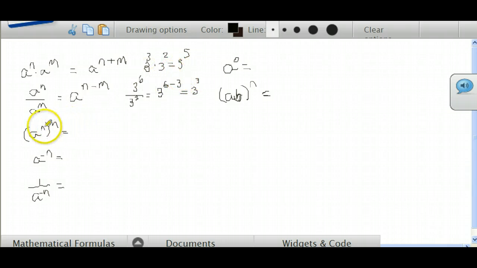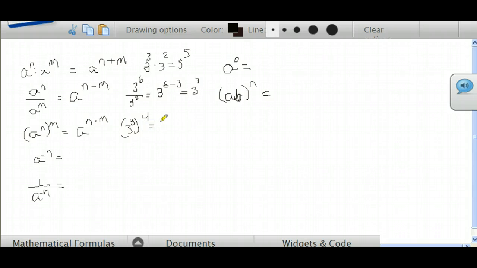The next rule, you have a to the power of n, and then it is raised to the power of m. So this was raised to a power twice. If you raise it to a power twice like that, the rule says to multiply. And so you're going to have a to the power of n times m, or you can just call it nm if you want. An example is 3 to the power of 3, and then you raise it to the power of 4.